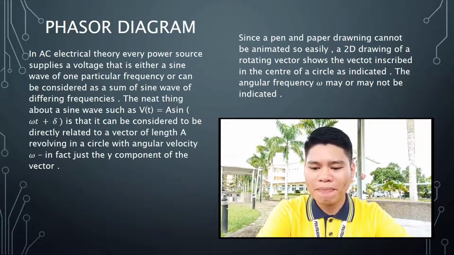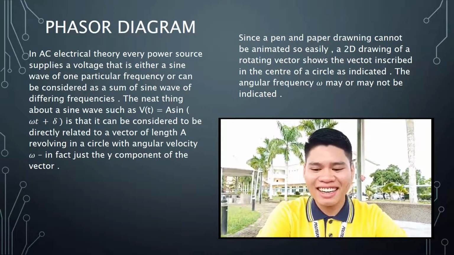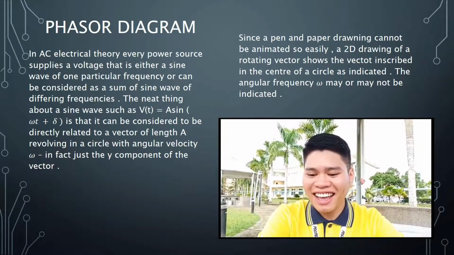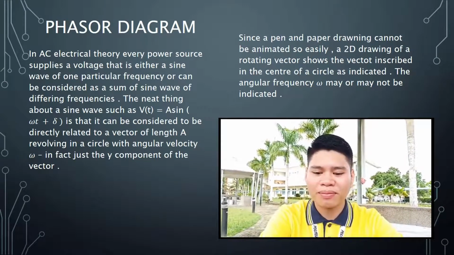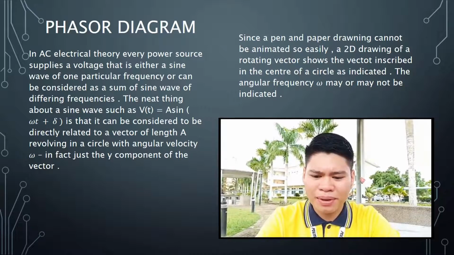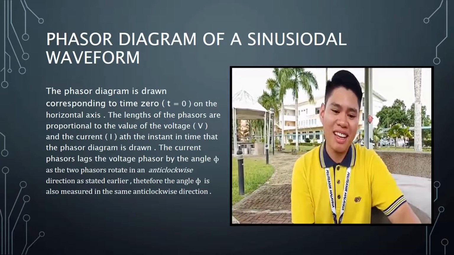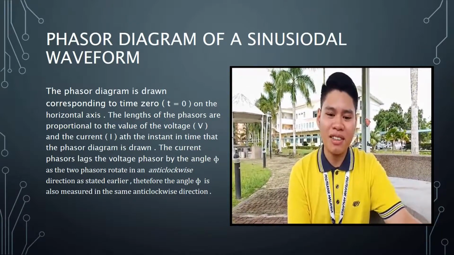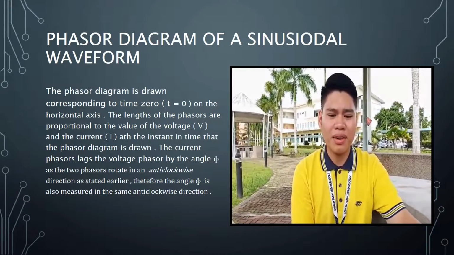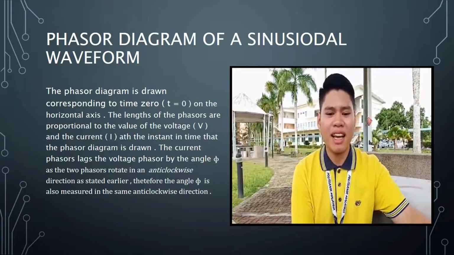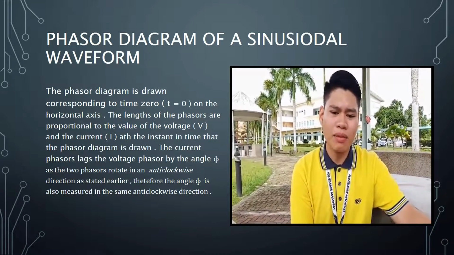The lengths of the phasors are proportional to the values of the voltage V and the current I. At the instant in time that the phasor diagram is drawn, the current phasor lags the voltage phasor by the angle, as the two phasors rotate in an anticlockwise direction as stated earlier. Therefore, the angle is also measured in the same anticlockwise direction.